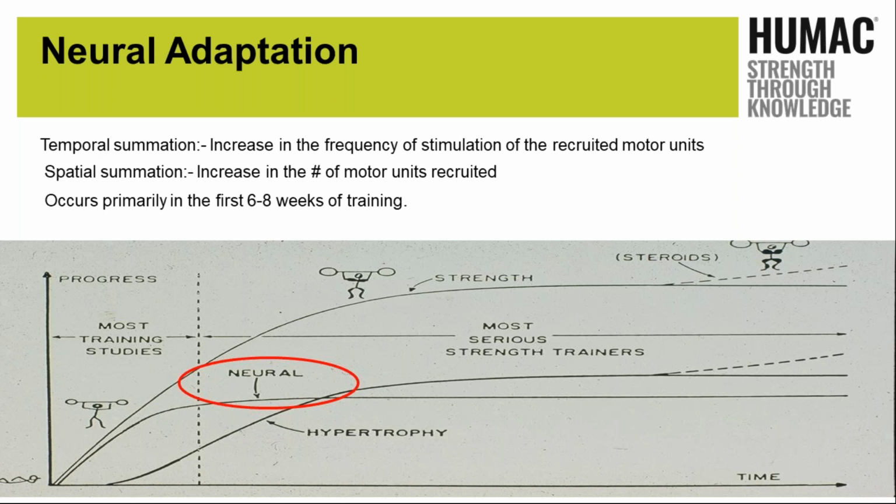But if we take somebody through a training program, they actually start to get a little stronger, faster. So one of the things that we talk about with that is that there's a neural adaptation that actually occurs that allows them to develop a little bit greater strength in the early aspects. So what do we do with that? Well, we can increase activation of prime movers in a specific movement.